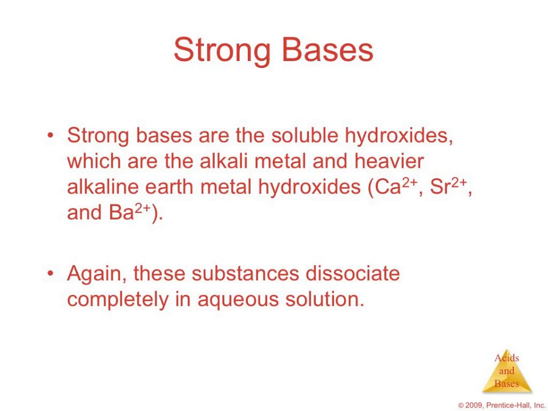So if we say we have a 1 molar concentration of this, that does not necessarily translate to a 1-to-1 or even a 1-to-2 stoichiometry for your hydroxide, because not all of the hydroxide is going to dissociate, because these aren't very soluble in water. So that's why it's got to be the soluble hydroxides.